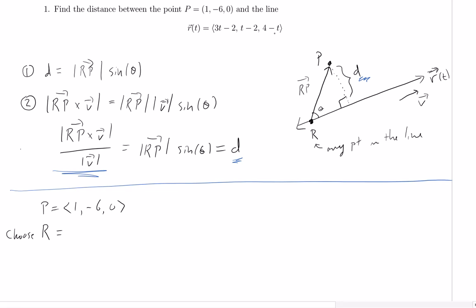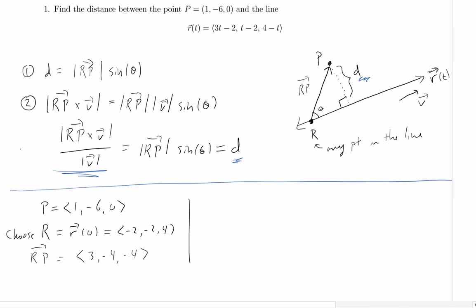Now since the line is given by this vector equation r of t, just to keep things simple, let's plug in t equals 0 and use that as our point R. So you can see if you plug in t equals 0, you get the point (-2, -2, 4). Okay. Now what? Well, we need the vector RP, so just subtract. So we get (3, -4, -4).